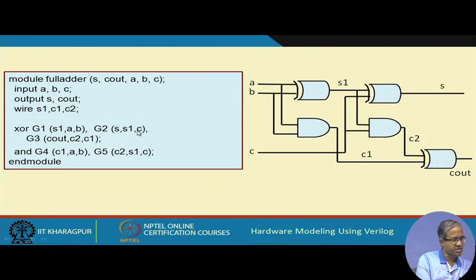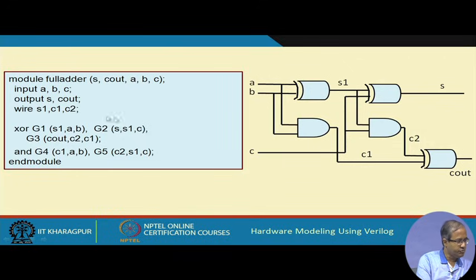G2 S S1 C, this is G2 S S1 C. Last one G3 C out, C out G3 C out C2 C1, and there are 2 AND gates, G4 C1 A B, this is G4 C1 A and B, G5 this is G5, C2 this is S1, this is C.